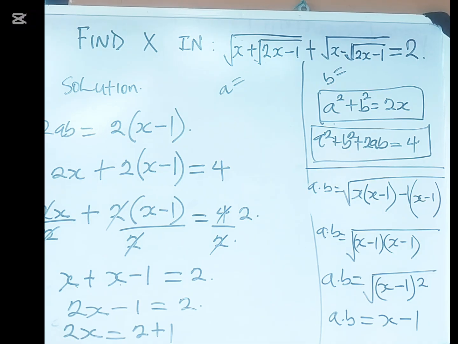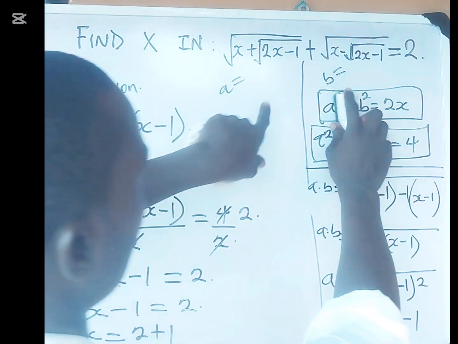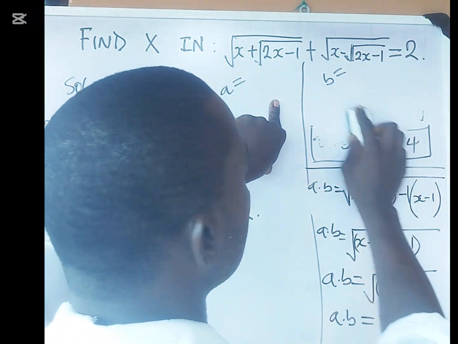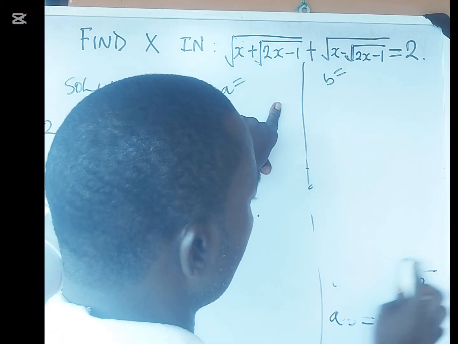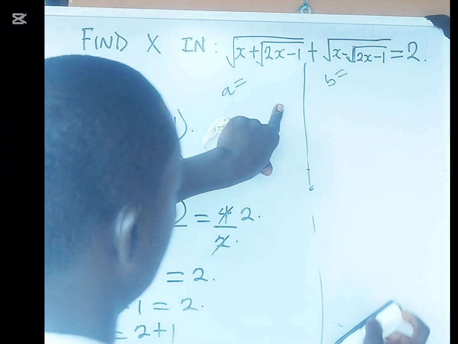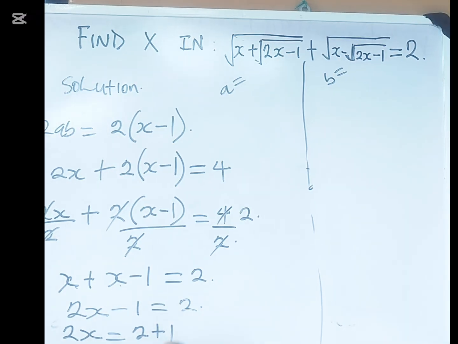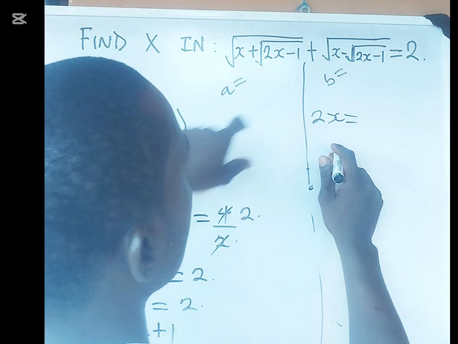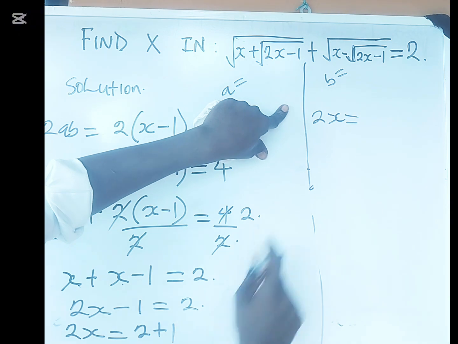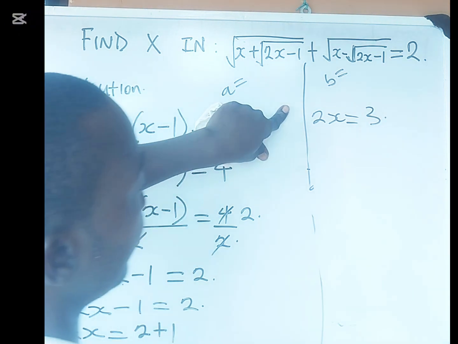Having gotten to that point, we are going to just finally solve for x. If 2x is equal to 2 plus 1, 2 plus 1 is 3.